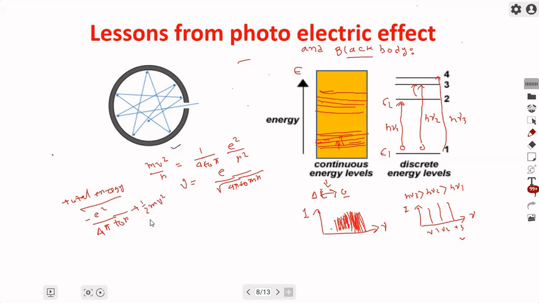If we put the value of v here, it will be minus e square by 4 pi epsilon 0 r plus half m into e square by 4 pi epsilon 0 m r.